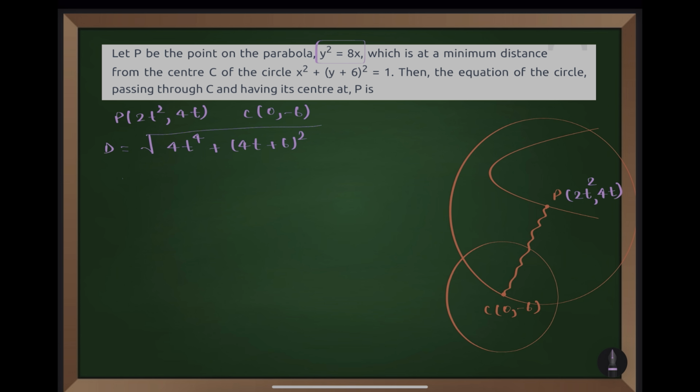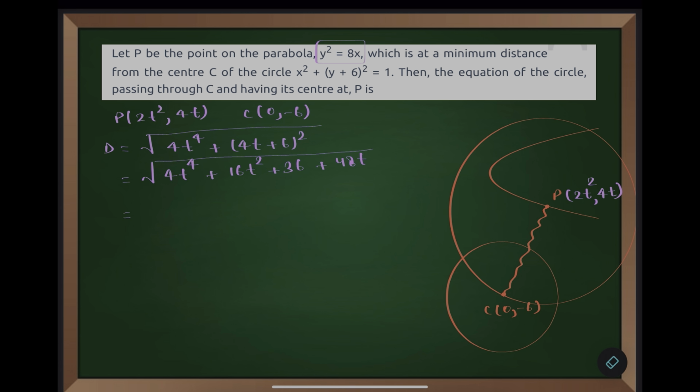So let's open and simplify. So it is 4t⁴ plus 16t² plus 36 plus 48t. Till this part you guys are okay?